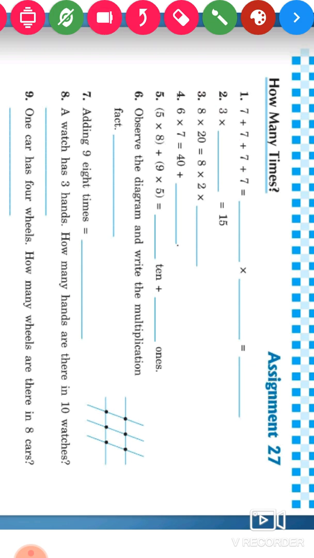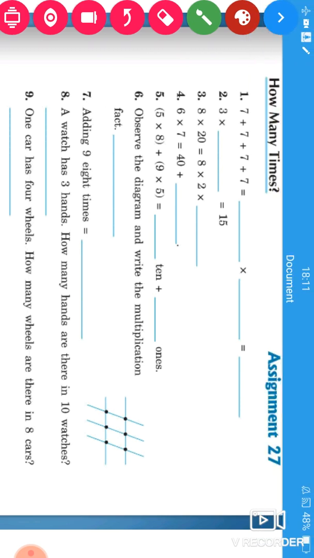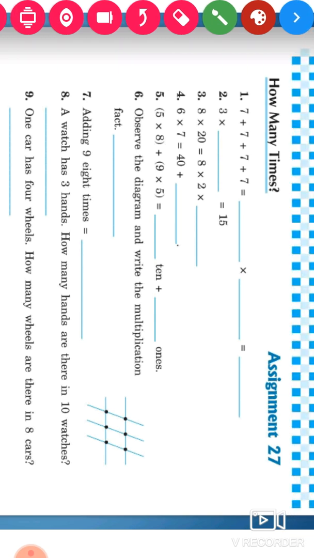Question number 3 states that 8 into 20 equal to 8 into 2 into what? So kids, we have done this question while we were doing multiplication of a number with multiples of 10, 100 or 1000.